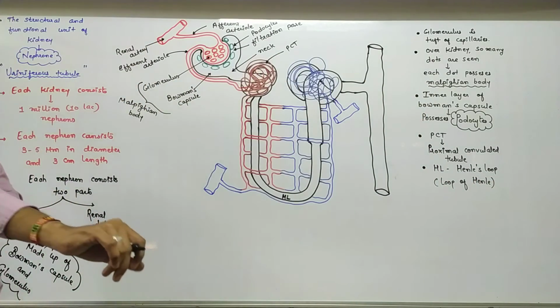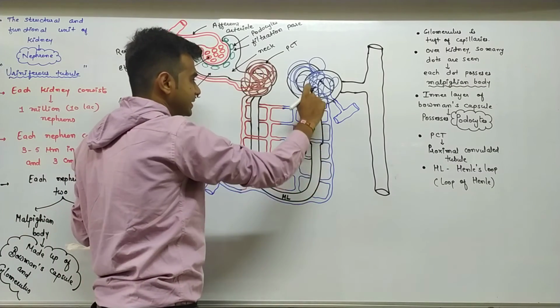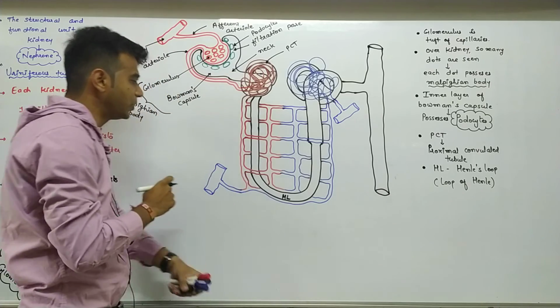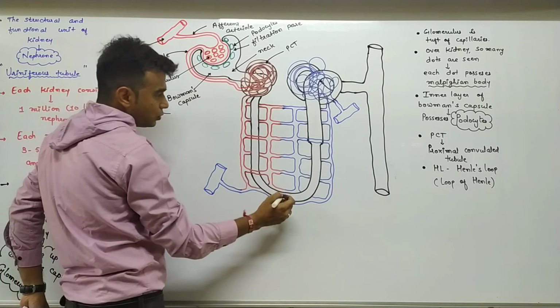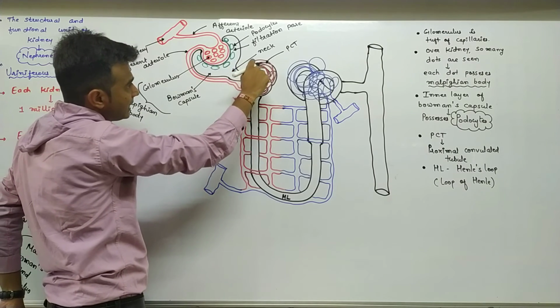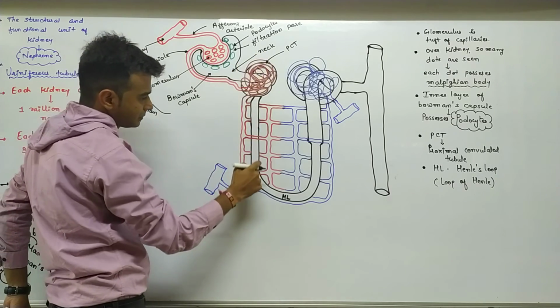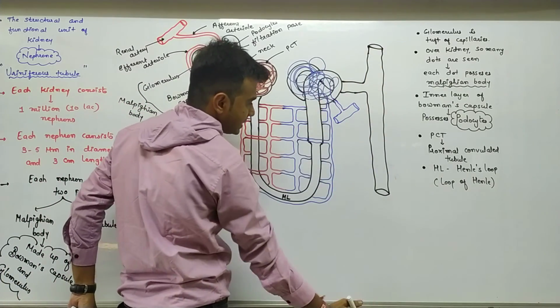So this U-shaped region is known as Henle's loop or loop of Henle. Now from here the filtrate, the urine, passes through this region.